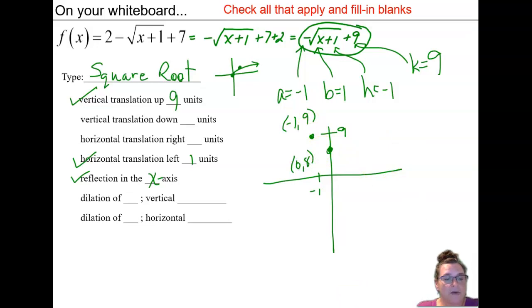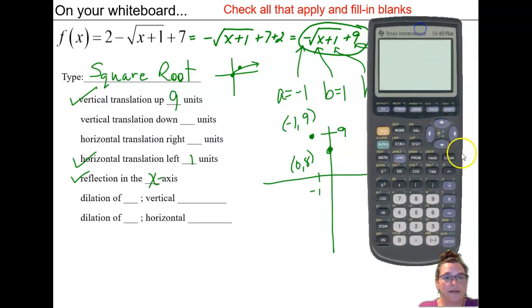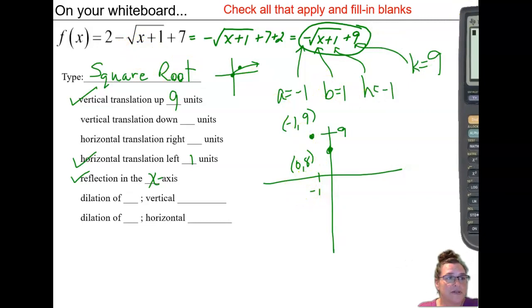Okay, and then I want to get at least one more point that I can use to guide my graph here. So I'm going to put in a value for x, and you can do this with mental math if you think about what your perfect squares are. So if I were to put in 1, for example, for x, I would have to know the square root of 2, which isn't a perfect square.